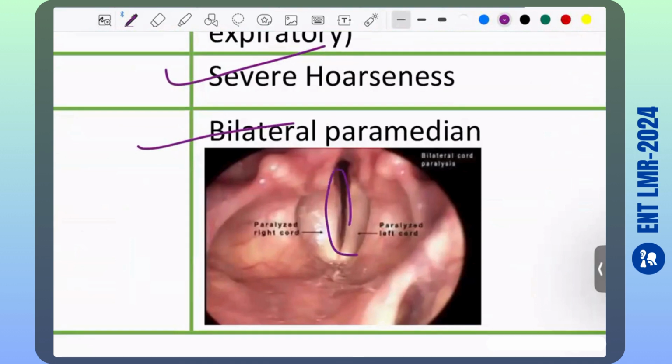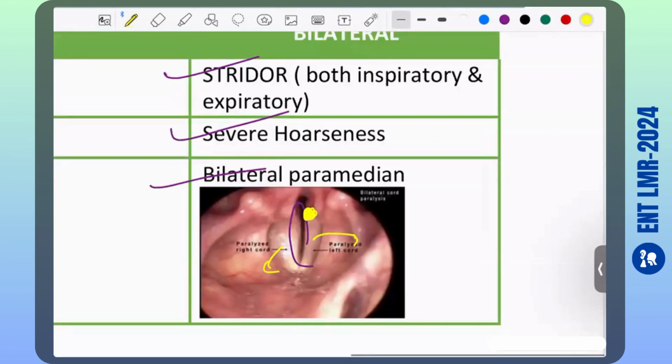The treatment for bilateral recurrent laryngeal palsy is very, very important. As the cords are in paramedian position, you should make the cords move away from each other. You could do lateralization suturing or lateralization thyroplasty, or remove a part of the posterior half of the vocal cord by a cordectomy procedure called the Dennis-Kashima procedure.